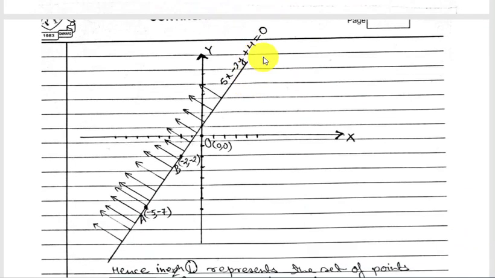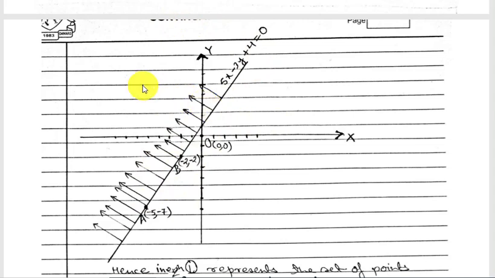When I have drawn a straight line over here, this straight line divides this xy plane into two parts, one on its right side of this line, that means this side, and one on its left side. That means this line divides this xy plane into two parts.